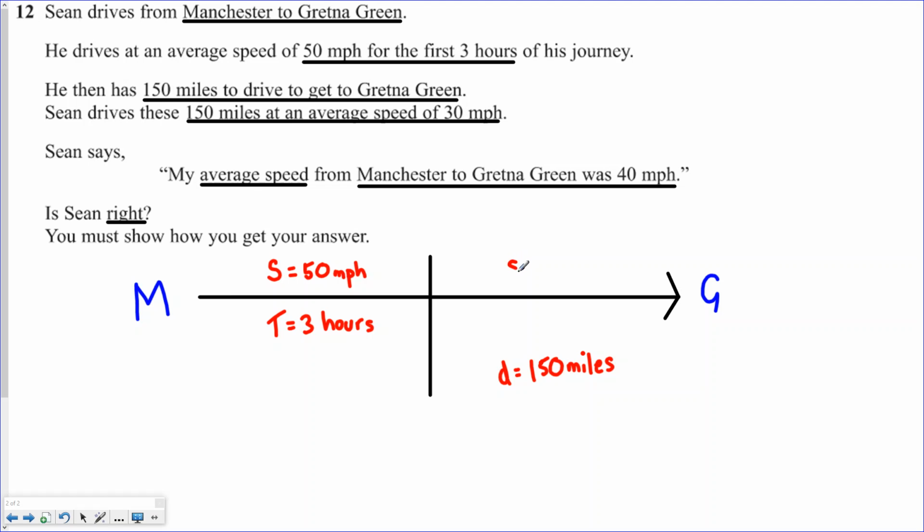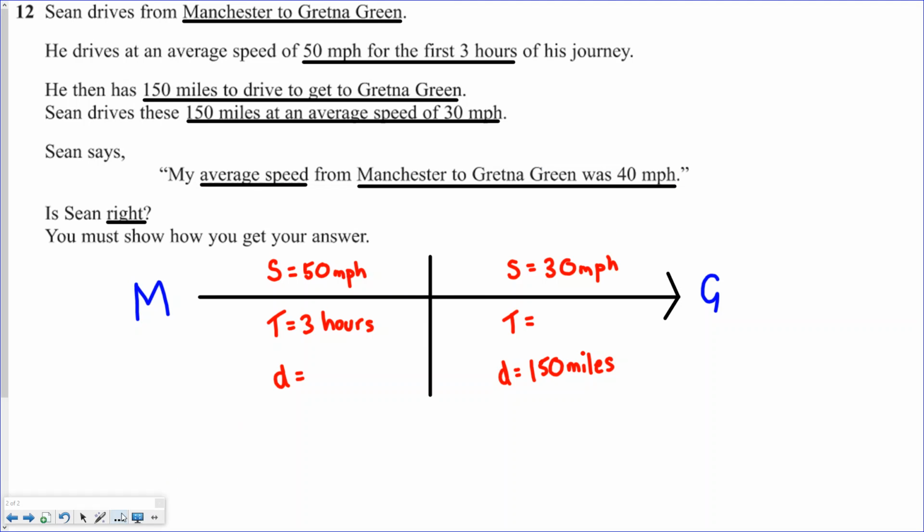So his speed for this part of the journey is 30 miles per hour. We don't have the time. We might need to work it out. We have the distance for this part, and we don't have the distance for this part, so we might need to work that out. His average speed from Manchester to Gretna Green was 40 miles per hour. Is he right? So we need to work out the speed.